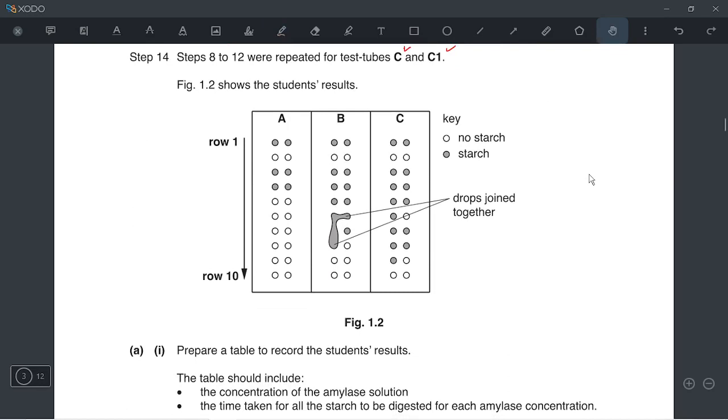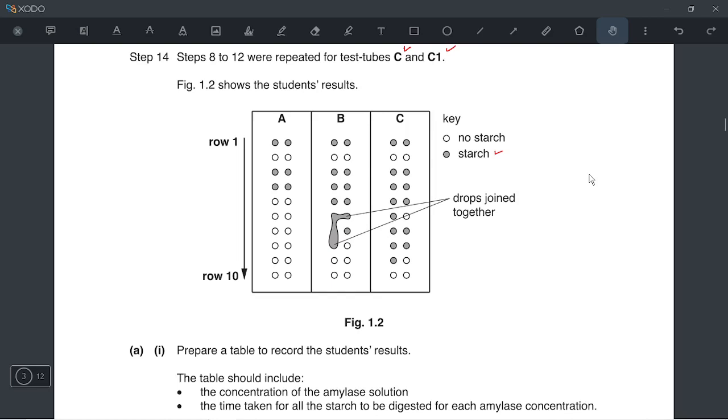For row 1, we can use this key. We can see there is starch, so it will turn blue-black with iodine, okay.